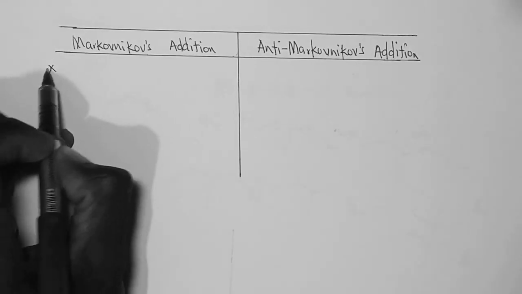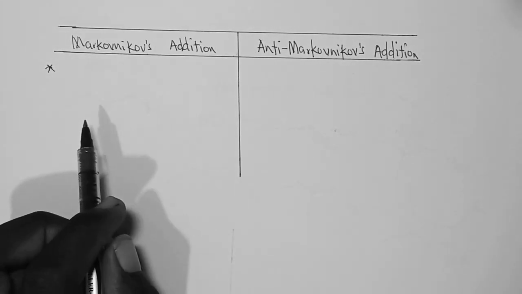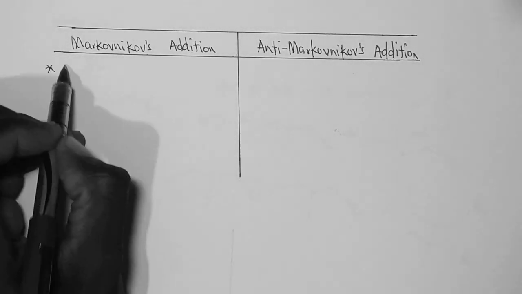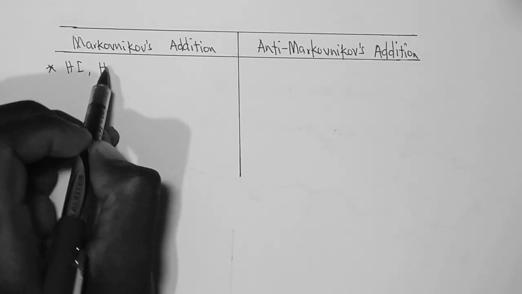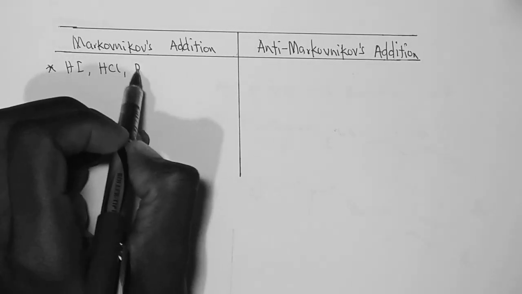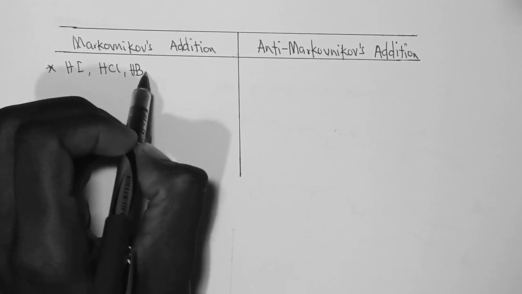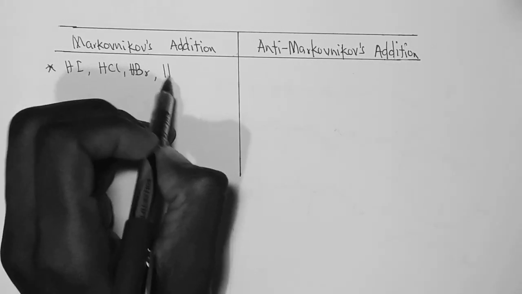The first thing is that in the Markovnikov's addition, you will need a protic acid. So it could be HI, HCl, HBr, or even hydrogen fluoride.